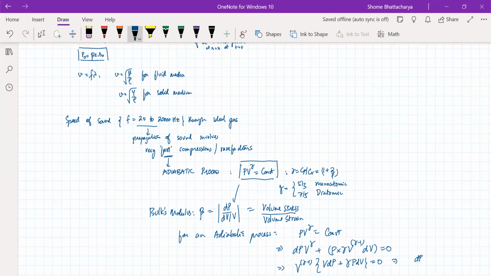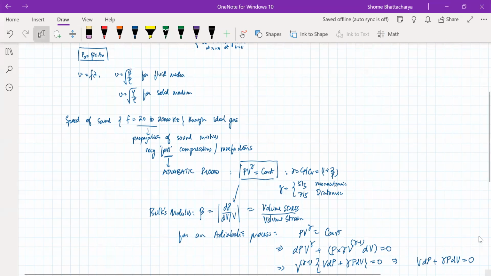The step before that is that this term in the bracket should be 0, because volume can obviously not be 0. So V dP plus gamma P dV is equal to 0.